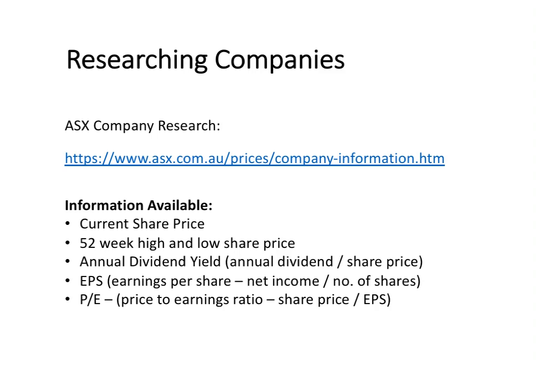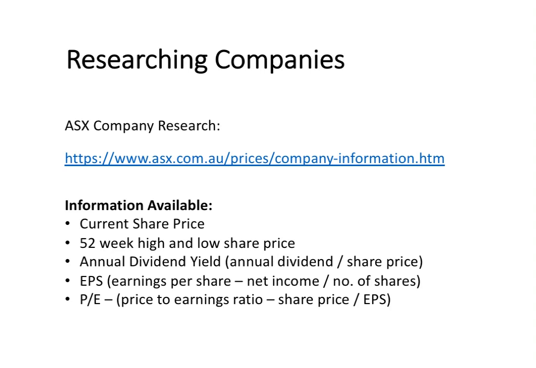It also gives you the annual dividend yield, which is the total dividend paid in a year divided by the share price. So how much income you're going to get back based on what you're paying per share. You can find out the EPS, or the earnings per share, which is the company's net income divided by the number of shares.